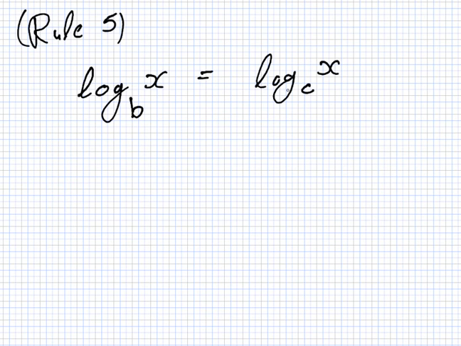What you have to do then is divide by log cb. So I'll show you in a few minutes how to use these rules, but this one is the change of base rule.